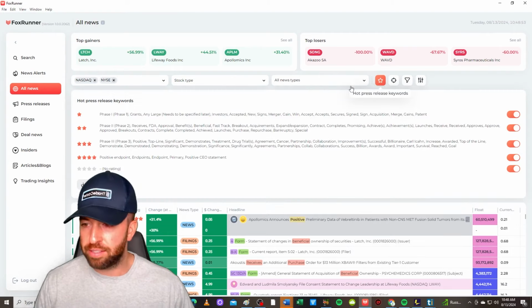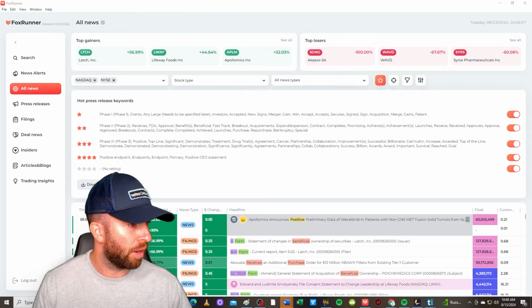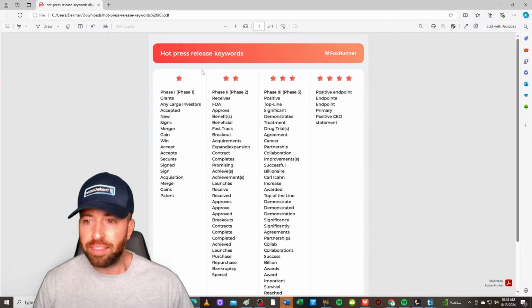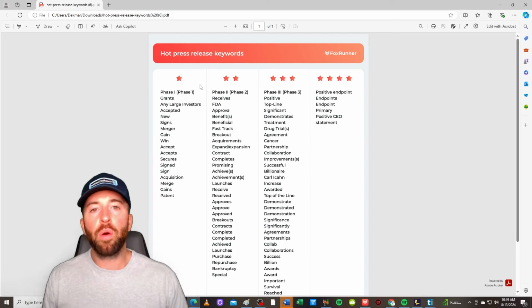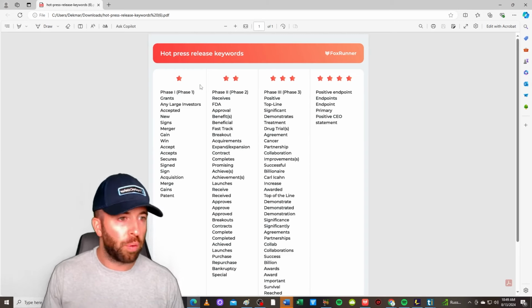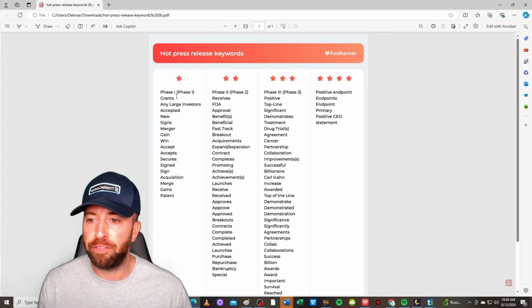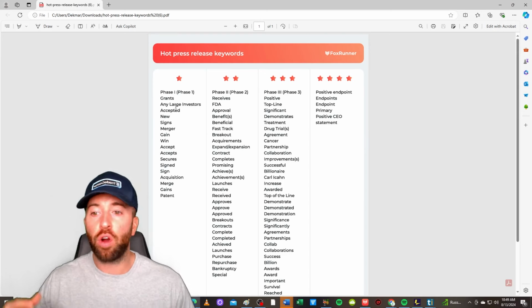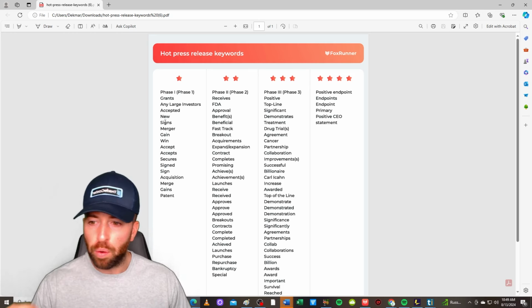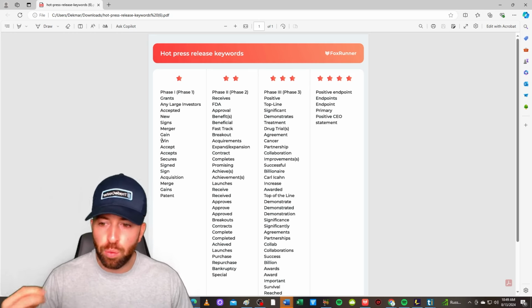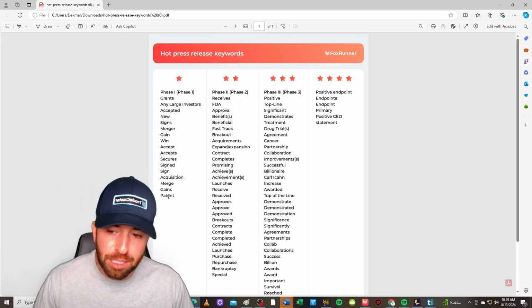What we need to realize is these are our hot keywords. I'm going to download this hot keyword list right here, and we can actually talk about this. These are words that we know are going to get some sort of reaction from the public. We know that the words phase one, grants, any large investors or any large investment, accepted, new, signs, merger, gain, win, accept, secure, signed, acquisition, merge, gains, patent.